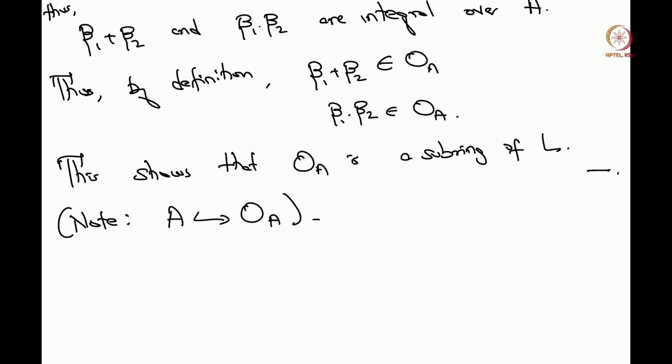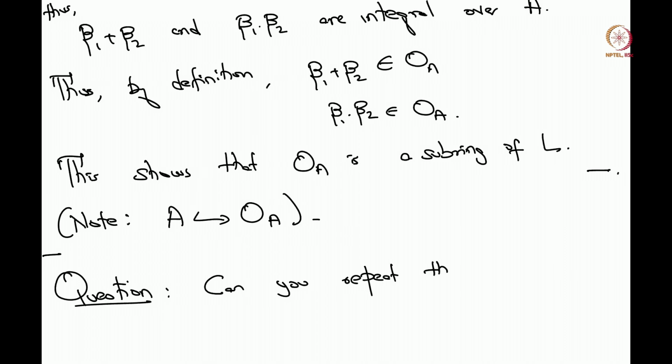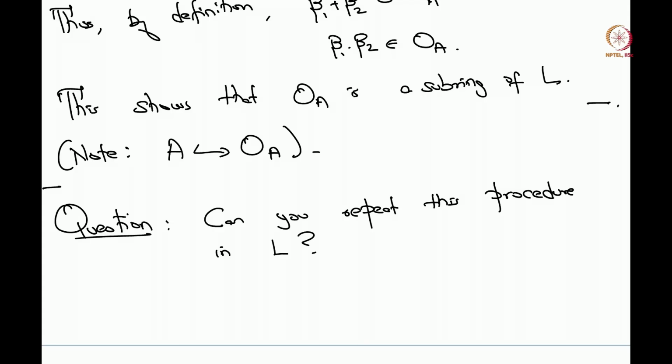Okay. So the next question. Can you repeat this procedure in L? So I started with a ring A. I constructed OA, which was the set of all elements that were integral over A. Now can I repeat this procedure again?